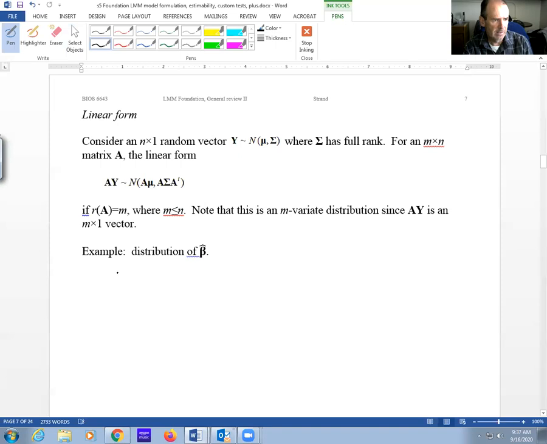We talked about this last time: you can get the algebraic form of beta hat for the fixed effect estimators using maximum likelihood estimation. Normally for a general linear model it's X transpose X inverse X transpose Y. When you have a mixed model, we add in the V inverse.